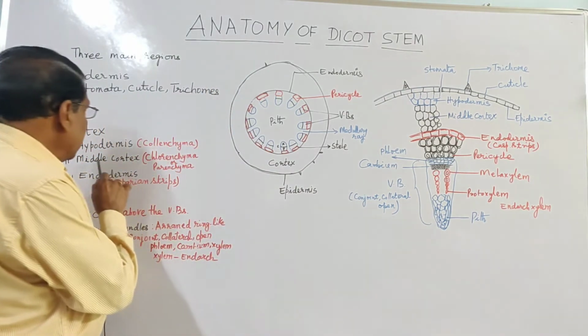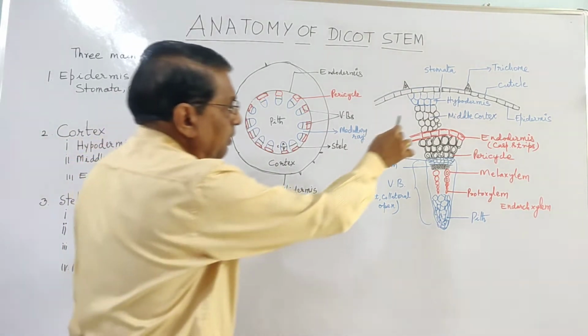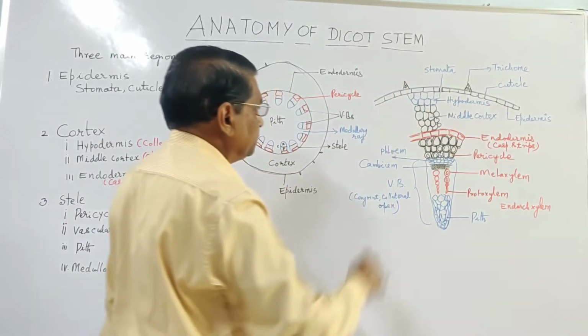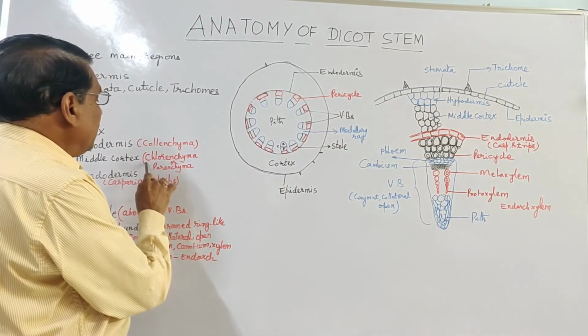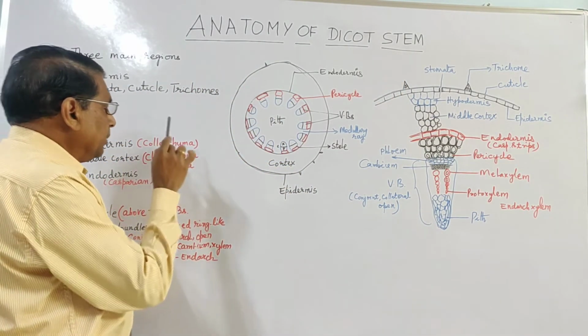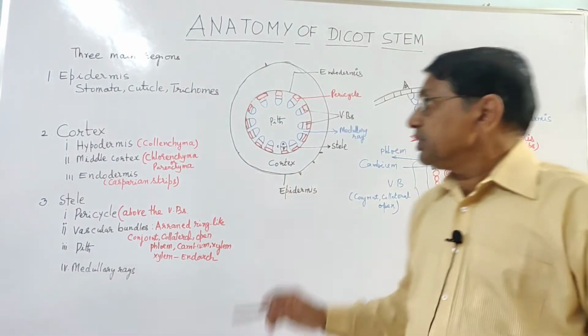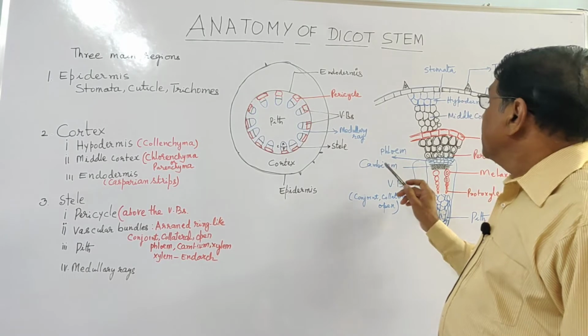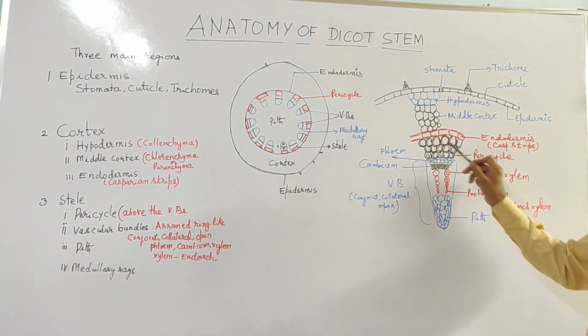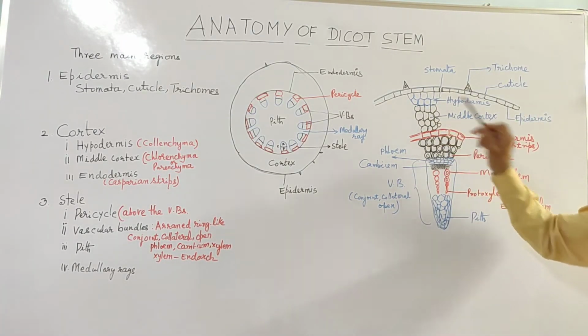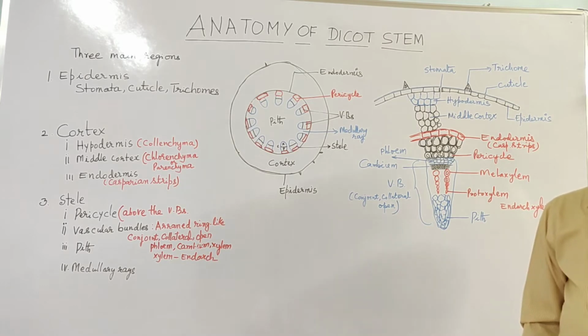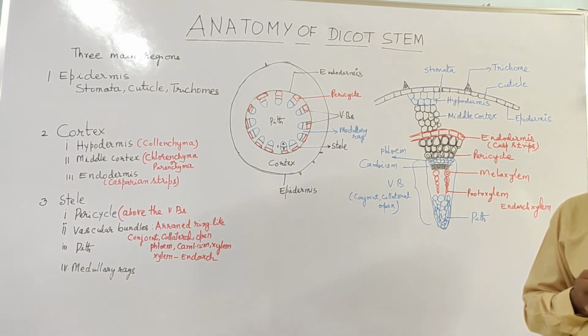The next part is middle cortex. This part is middle cortex, made up of either chlorenchyma or parenchyma. If the stem is green, it is made up of chlorenchyma. This part, chlorenchyma, performs the photosynthesis.